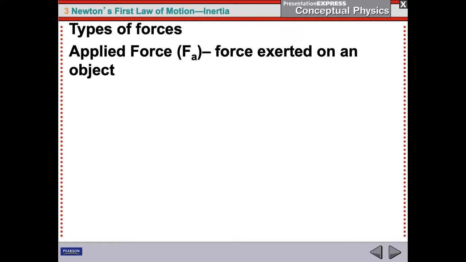Anytime you do a push or a pull, any force exerted on an object is called an applied force, and we use capital F because that means force, and then a lowercase a to indicate that it's the applied force.